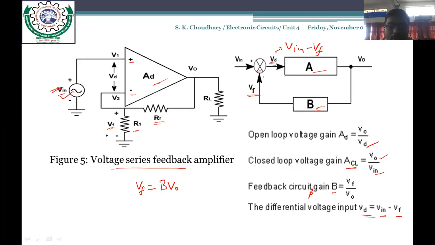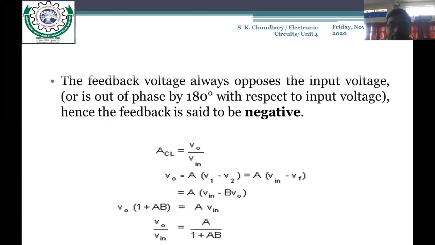So I hope you have already drawn this diagram. Now we will further elaborate the concept of voltage series feedback. The feedback voltage always opposes the input voltage, or is out of phase by 180 degrees with respect to the input voltage. Hence this feedback is called negative feedback.